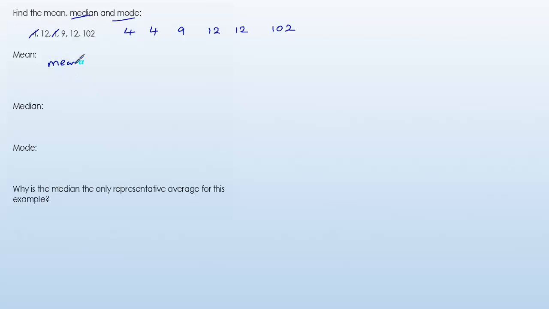So for the mean, we're going to add those pieces of data, and then divide by the number of pieces of data. So we can calculate that.